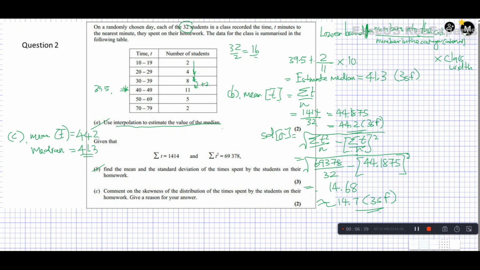Therefore, it is positively skewed, since the mean is greater than the median. Okay, that's all. Thank you.